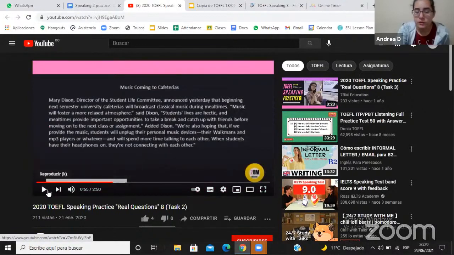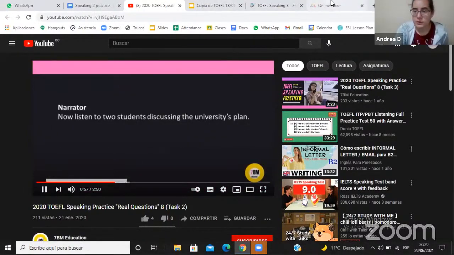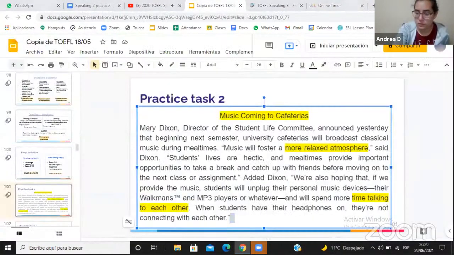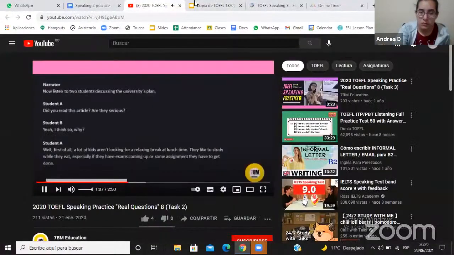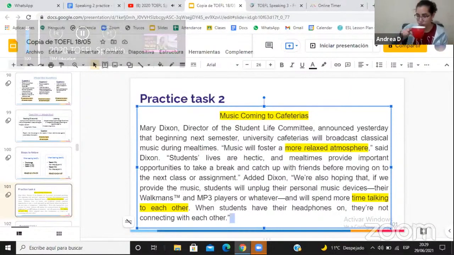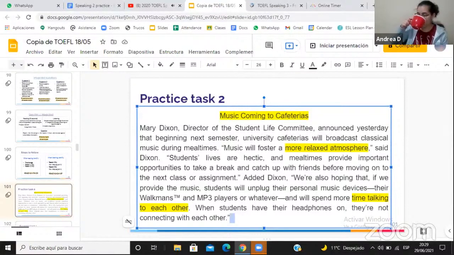Okay, guys, so here it goes. Let's listen. Now listen to two students discussing the university's plan. This article? Are they serious? Yeah, I think so. Why? Well, first of all, a lot of kids aren't looking for a relaxing break at lunchtime. They like to study while they eat, especially if they have exams coming up or some assignment they have to get done. Yeah, that's true. And now they won't be able to concentrate. This is going to be very distracting.